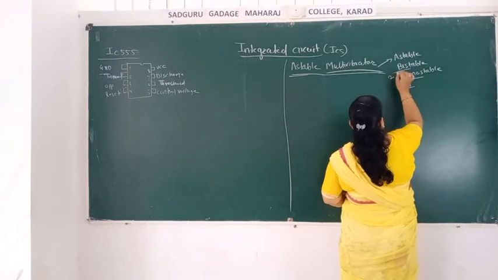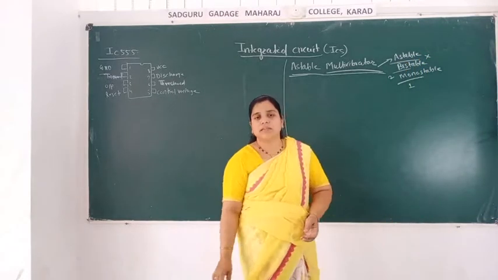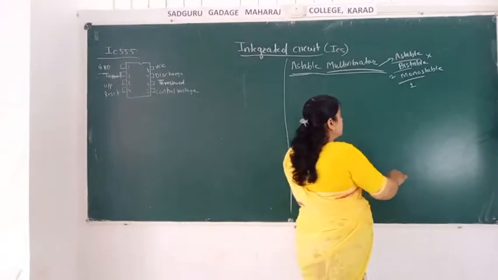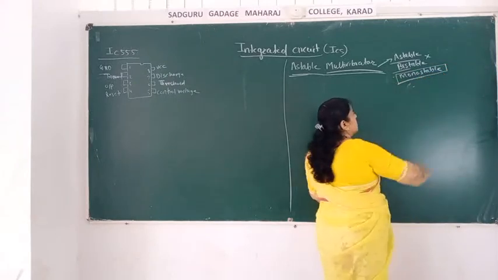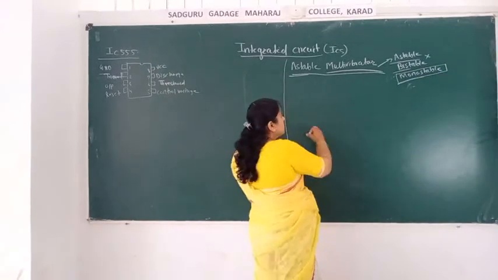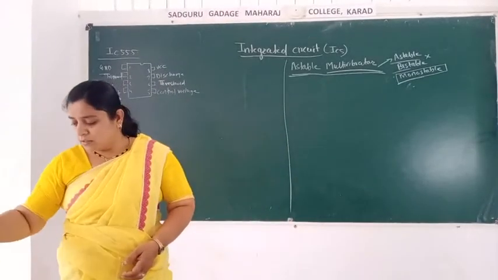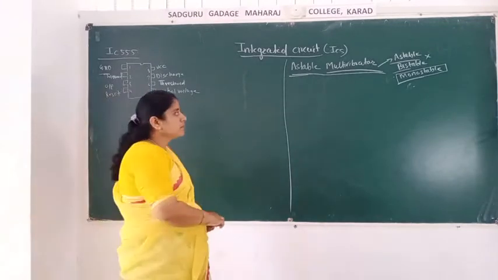Bi means which has 2 stable states. If it does not have any stable state, it is called the astable multi-vibrator. In the previous lecture we have seen the block diagram, calculation and working of the monostable multi-vibrator. Today we are going to see the astable multi-vibrator. So how it works, we will see here.